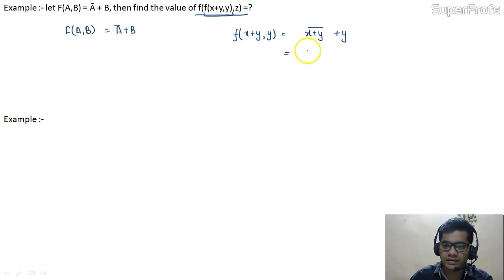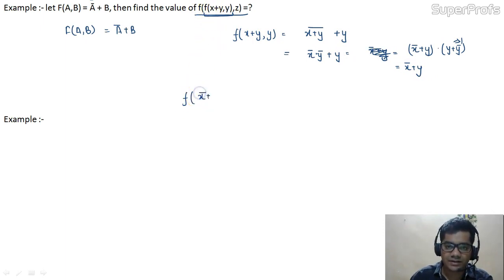By applying De Morgan's theorem, we write this as x bar dot y bar plus y. Using the theorem it is equal to x bar plus y. Let me expand it completely: it would be x bar plus y dot y plus y bar, so that would become 1. So the final expression would be x bar plus y. Okay, so this was the inner function.